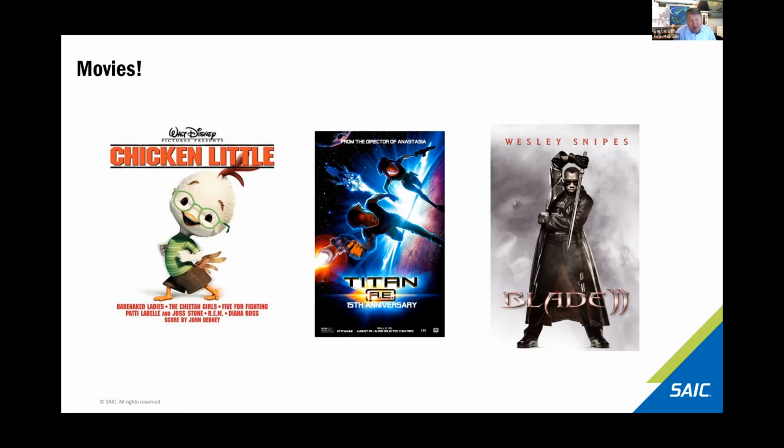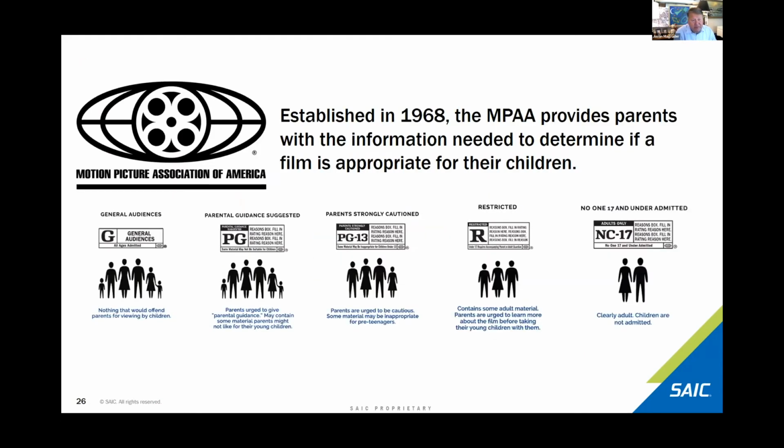And so we looked at the movie industry, and we thought, hey, there's a rating system that the Motion Picture Association has put together that assigns ratings to movies based upon the acceptability in the eyes of the MPAA for parents to interpret the appropriateness of these movies for their children. So most of us know this framework.